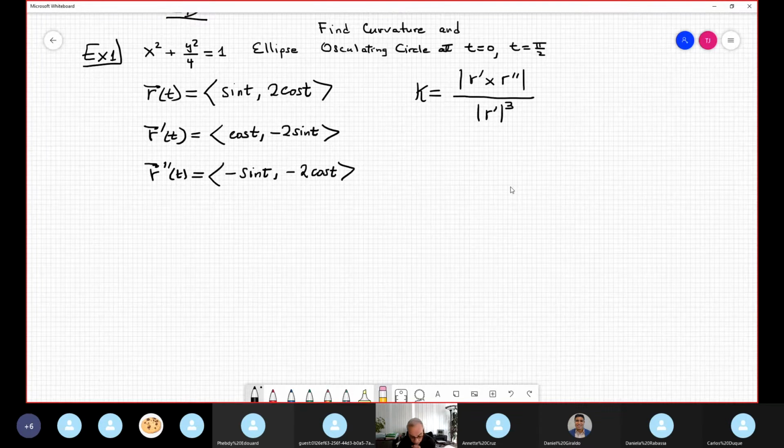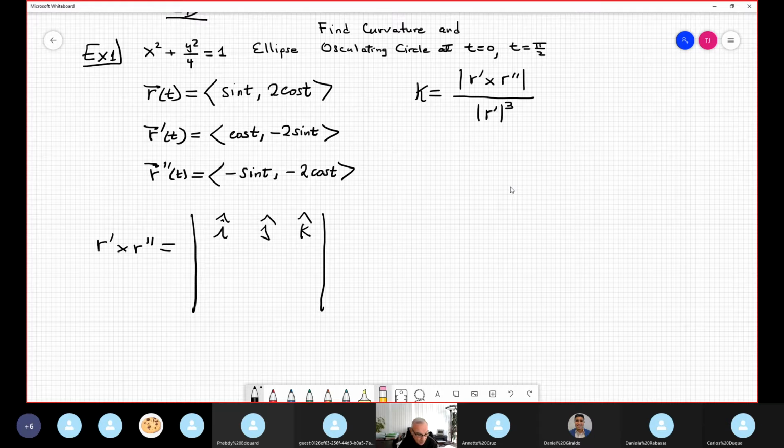However, I want to prove one particular formula in 2D. It's super easy. Look. In order to find r prime cross r double prime, we apply the famous determinant, the cross product. I suppose here, in between, r prime and r double prime, because the components are x prime, y prime, and our problem is 2 dimensional.